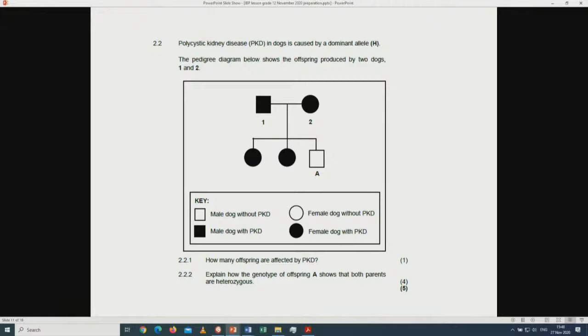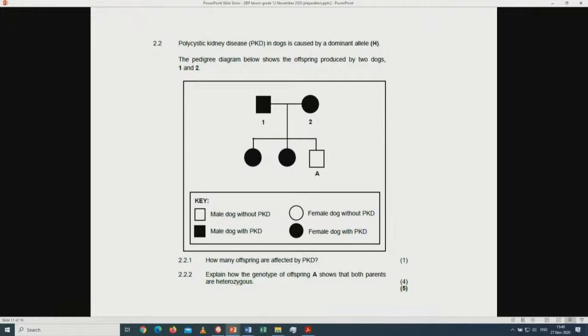Now, if you recall, the information that we are given is that the disease is caused by a dominant allele, which means A received both recessive alleles from 1 and 2, which makes the genotype of A small h, small h, a male dog without PKD.